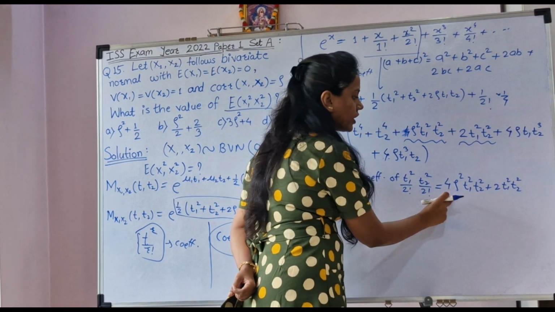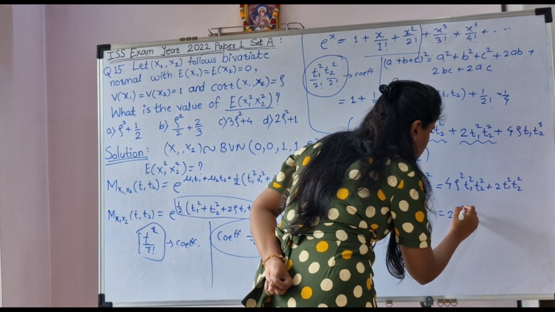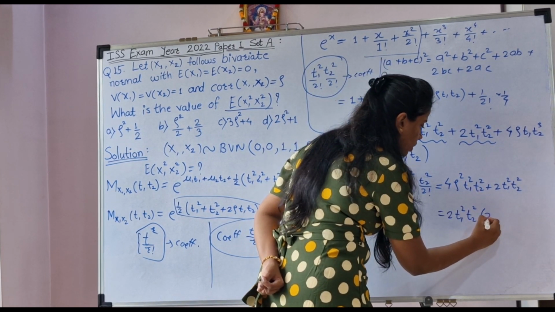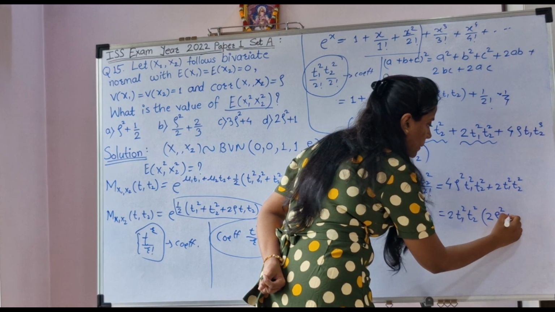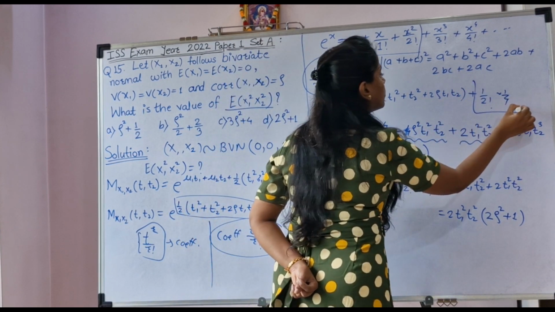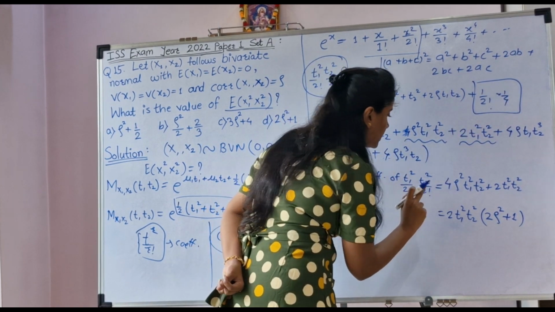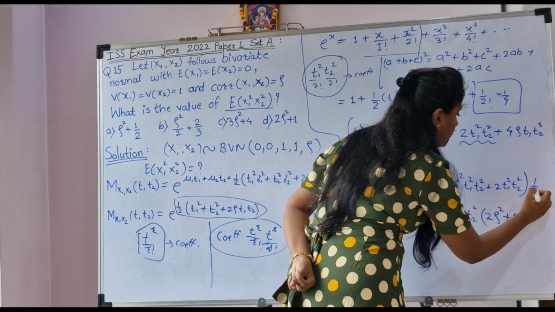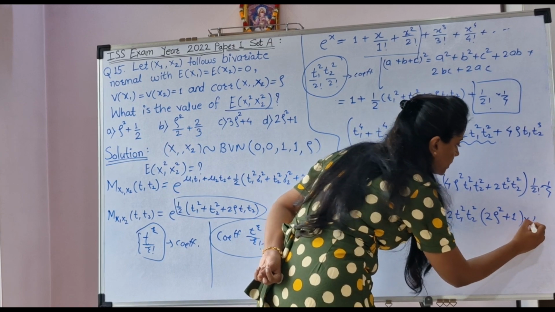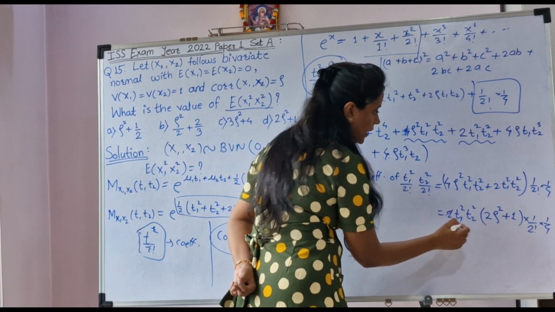Now we can take 2 t1 square t2 square common, and we have the term 2 rho square plus 1. And of course with this term we have the outside constants as well, 1 upon 2 factorial and 1 by 4. Now this 2 will get cancelled.